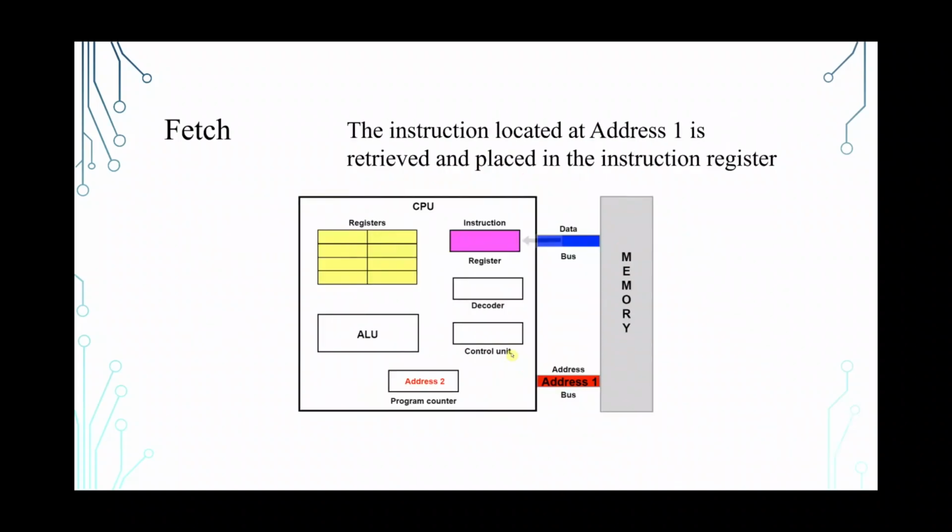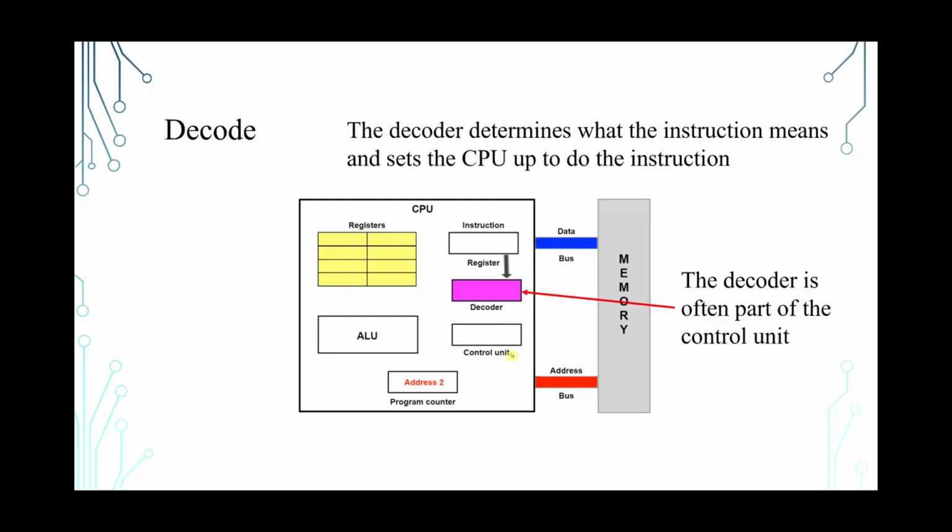After we fetch that and put it into the instruction register, we are going to decode. Usually the decoder is part of the control unit, but because we want to separate them for illustration purposes, we have them separated here. They are usually one unit.